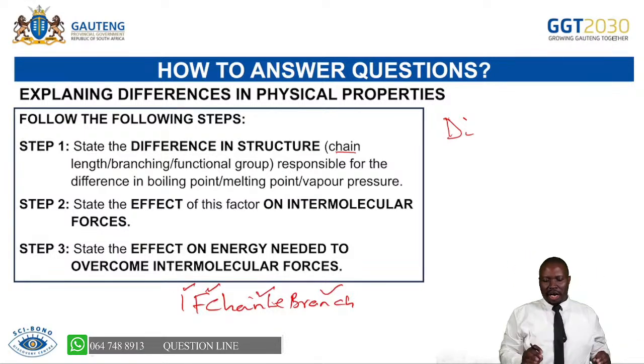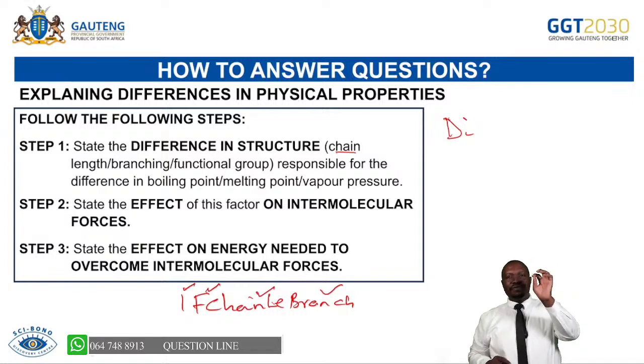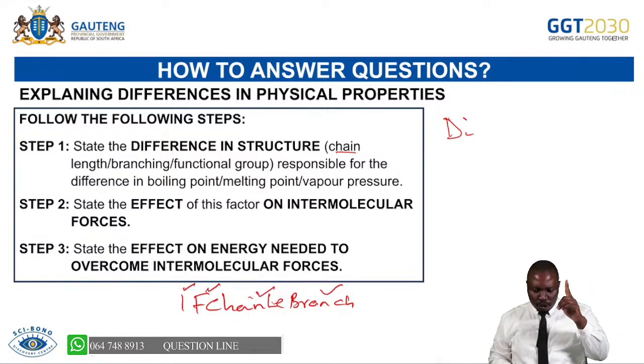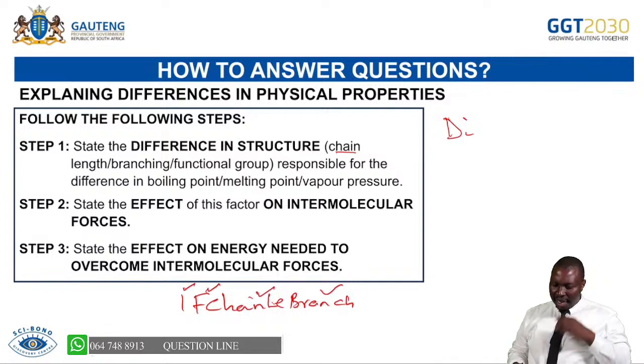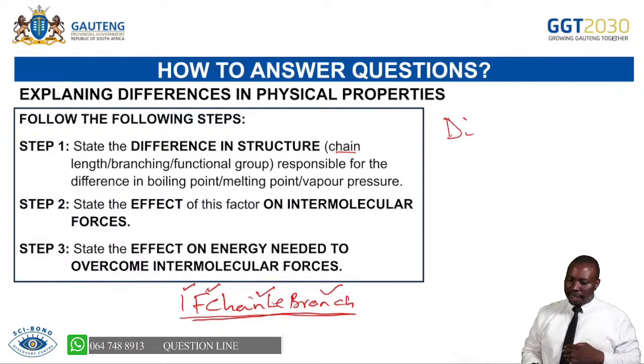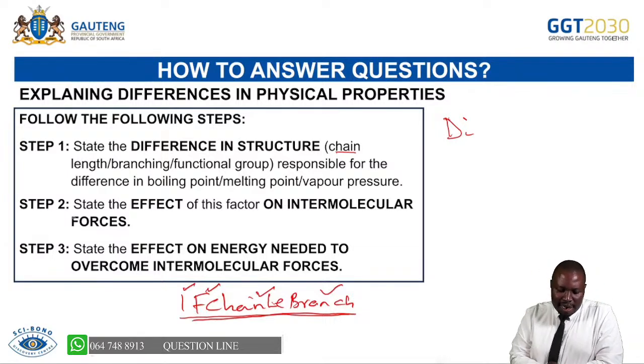So when I give you a structure, you're going to look at those 4 and say which difference we have out of those 4. That is the first thing you will do. You will look at the difference in structure using the independent variables, which are 4 in this case. I hope we are together on that one. Number 2, you are going to look at the effect of this factor on the intermolecular forces.